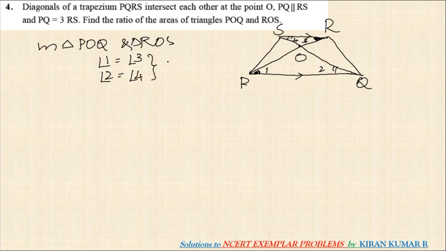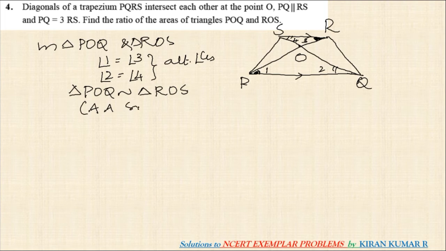These two are the pair of alternate angles. Whenever two pairs of angles are equal, I can say the triangles are similar to each other. Since the triangles are similar by AA similarity, I can consider the ratio of the areas.